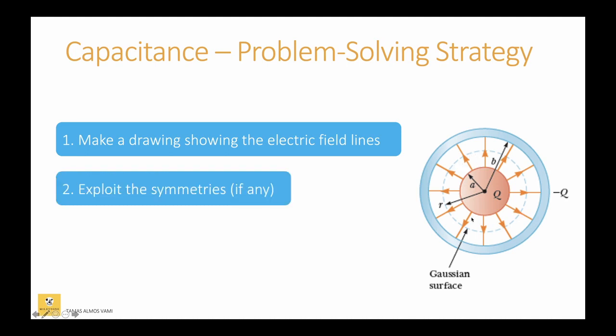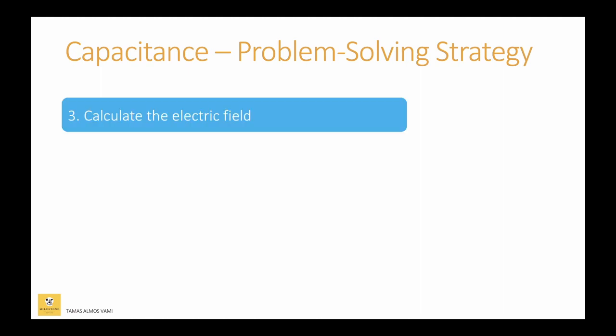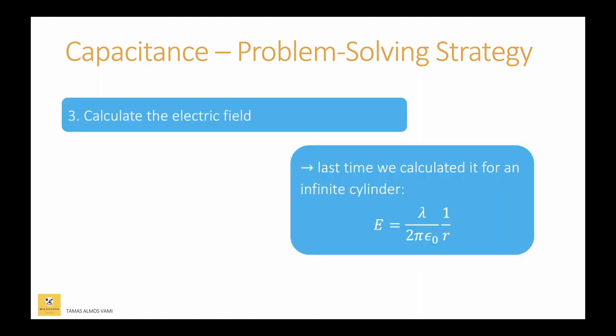We have cylindrical symmetry, which we will use. As I mentioned earlier, we already figured out what the electric field of an infinite cylinder looks like.